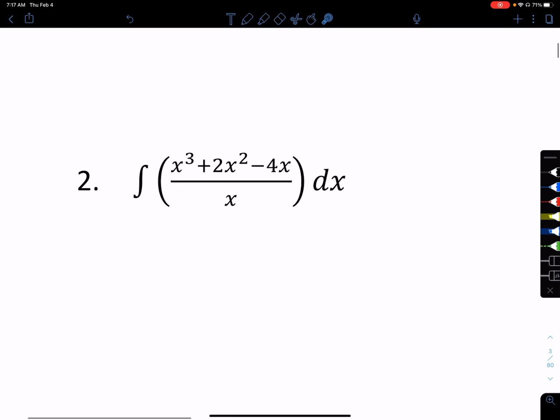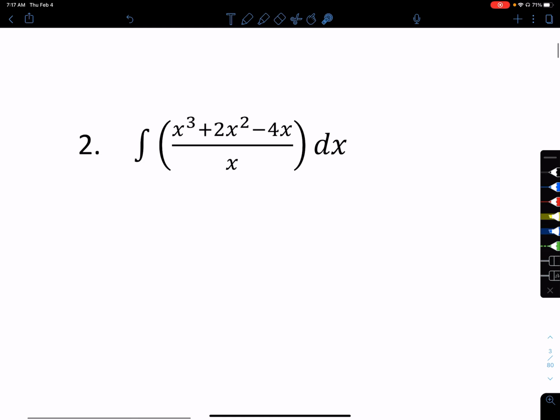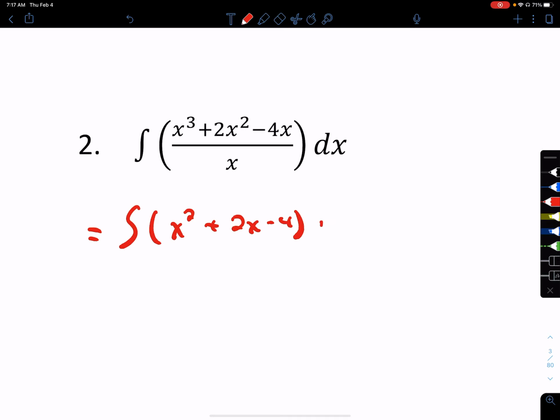Number 2, we do not know how to integrate a quotient. So what we can do is simplify this. We can divide each term in the numerator by this x, and then we don't have this quotient. If I add 1 to this exponent, it's going to be x cubed, multiplied by the reciprocal of cubed, that's a third.